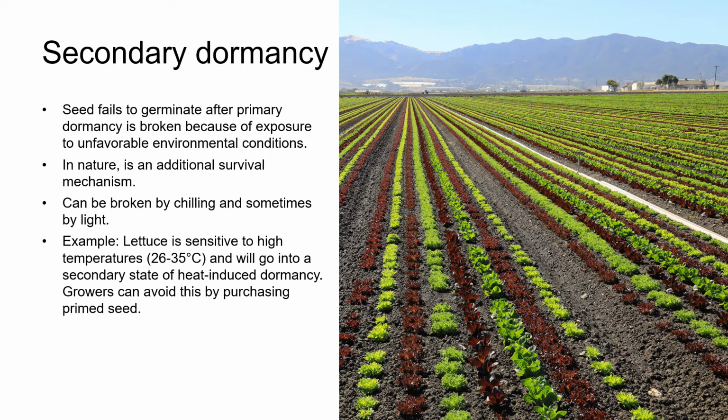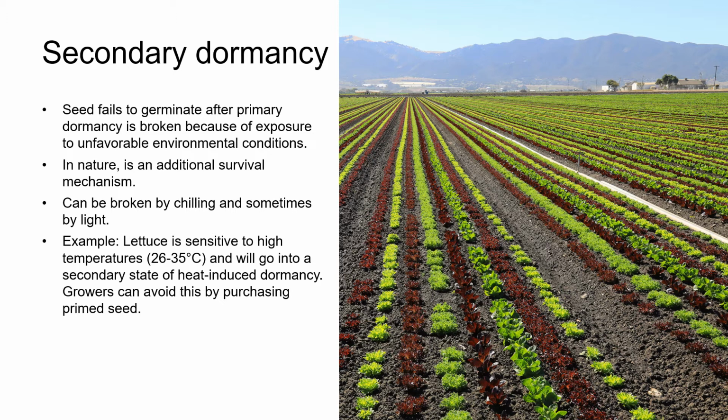Usually it requires a period of chilling to break secondary dormancy, and there may also be other treatments that need to be given to break secondary dormancy. A common example of a plant that exhibits secondary dormancy is lettuce, which is sensitive to high temperatures in excess of the range of 26 to 35 degrees Celsius.